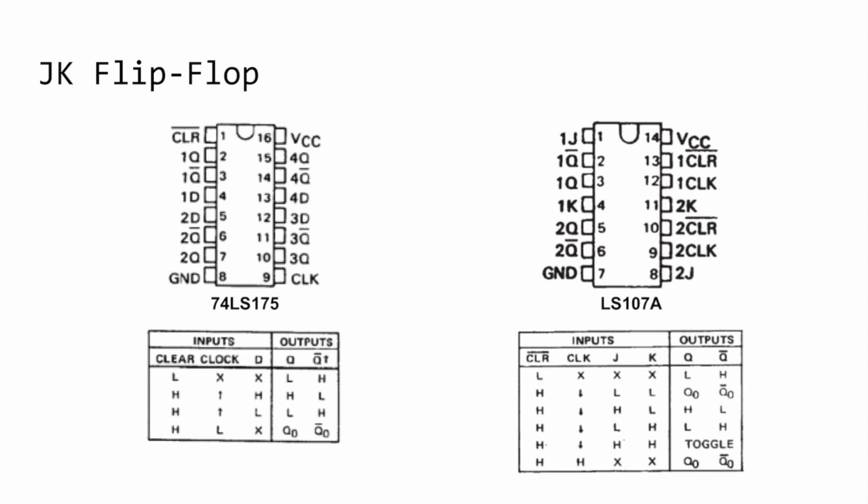So if you look at the truth table, this is for the D flip-flop, this is for the JK flip-flop. So the D flip-flop has 3 inputs, while the JK flip-flop has 4 inputs. The extra inputs are J and K, while this only has D, right?